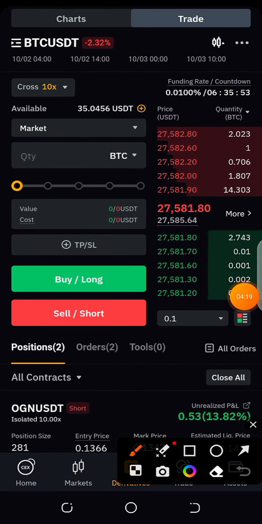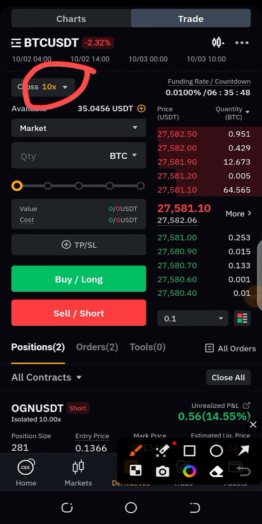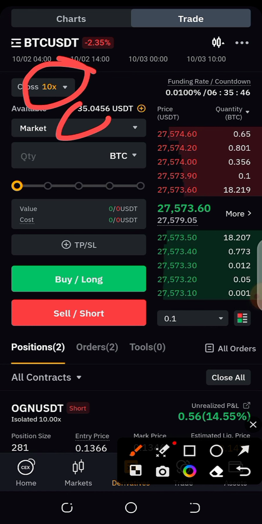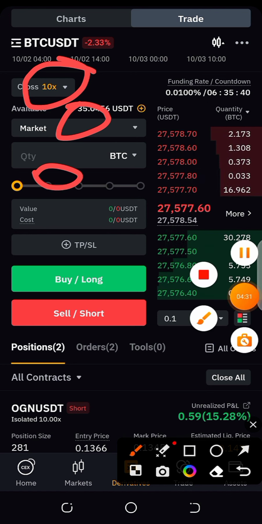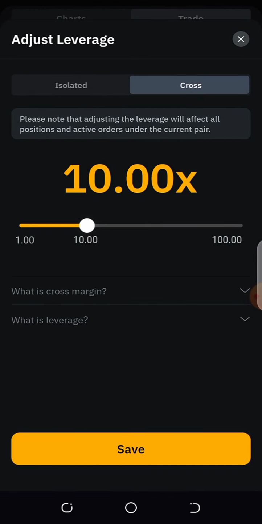All right, now in our Bybit interface, we have our cross, we have this section, and the rest of that. Let me explain that in detail, guys. This particular place you are seeing where it says cross is where you pick your leverage. When I click there, you are going to see a lot of things.